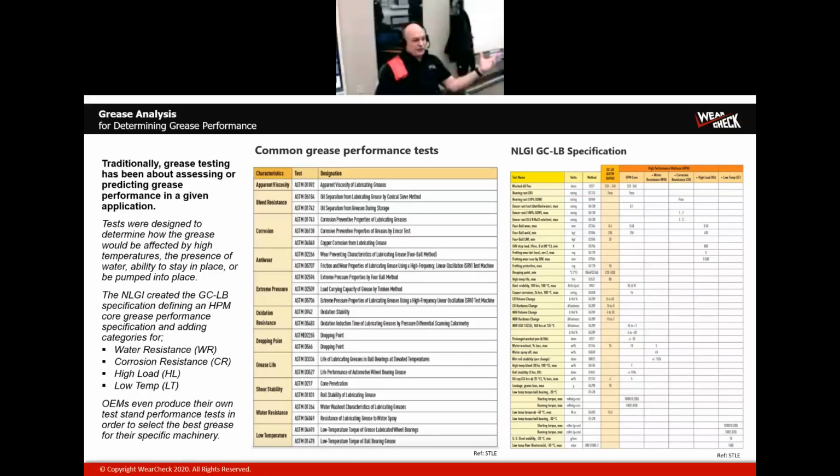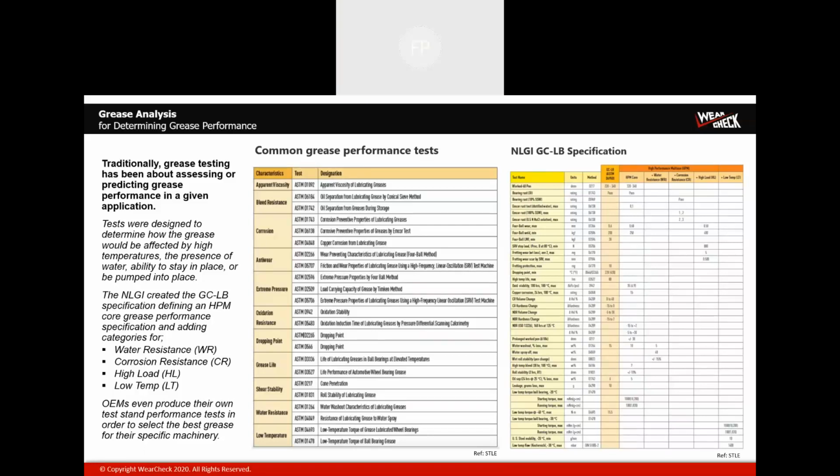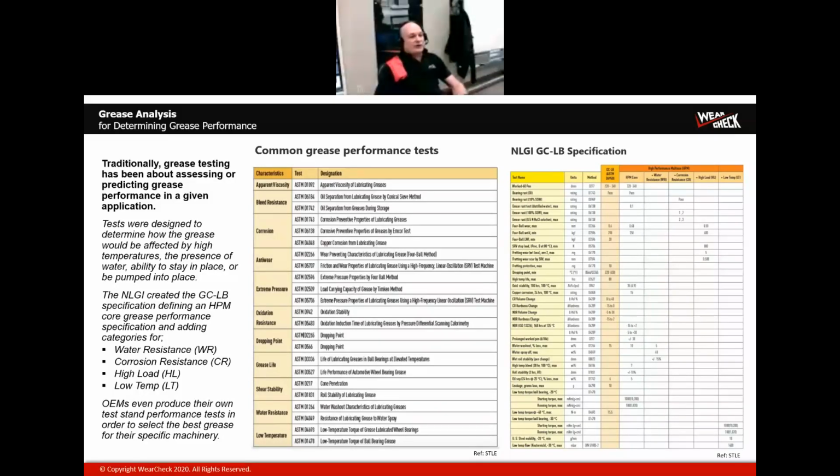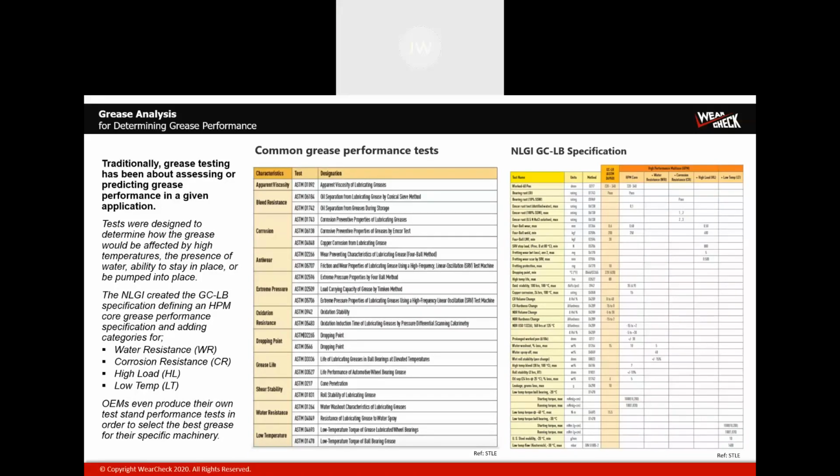So they're looking at GC, or the more automotive type greases, and the LB or industrial type greases. And they came up with what they call the HPM core characteristics of those greases. So tests you would do to rate every grease out there, and then develop categories for other types of properties we want our grease to have. Things like water resistance or corrosion resistance, high load, or low temp operation.